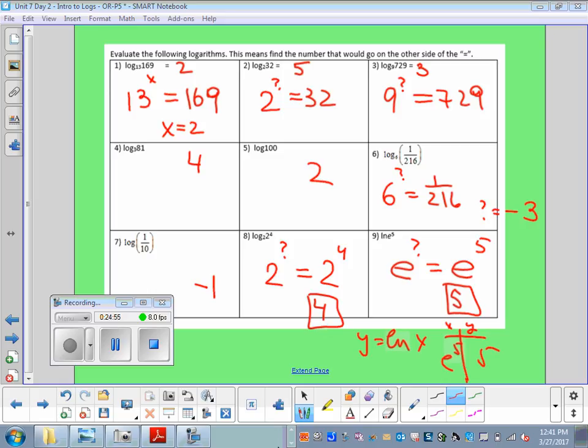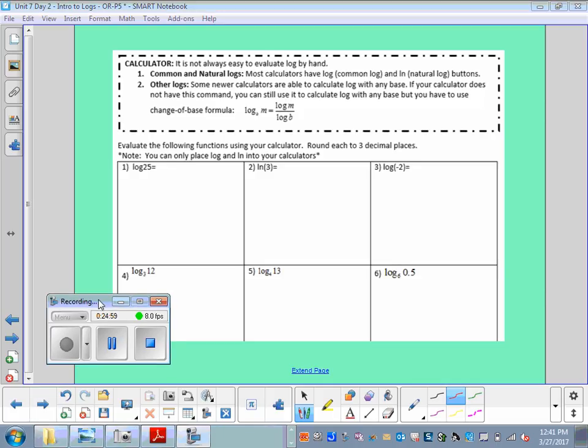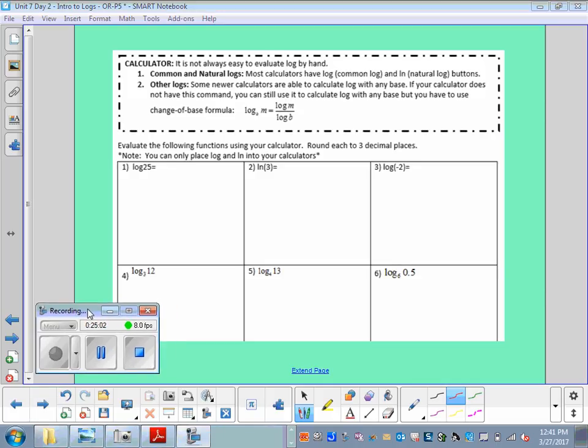Perfect. Next page. Calculator. Of course, sometimes it's not so easy to calculate. We've been dealing with very simple numbers and simple powers. Sometimes it's not possible to evaluate logs by hand, so we will learn how to use the calculator.